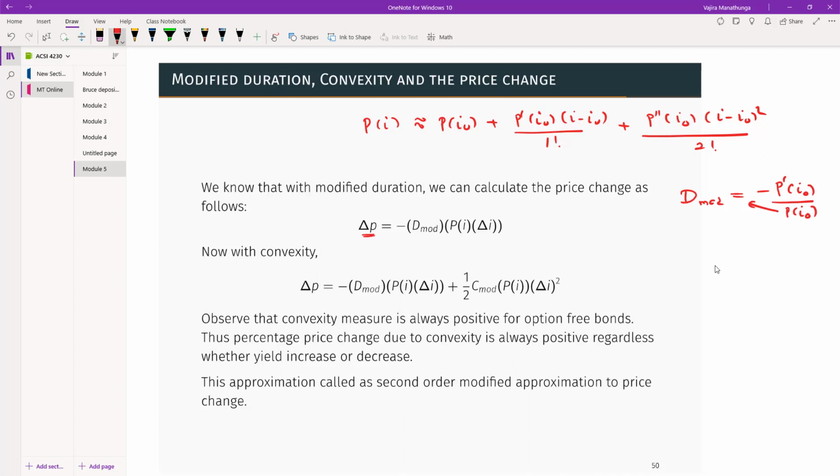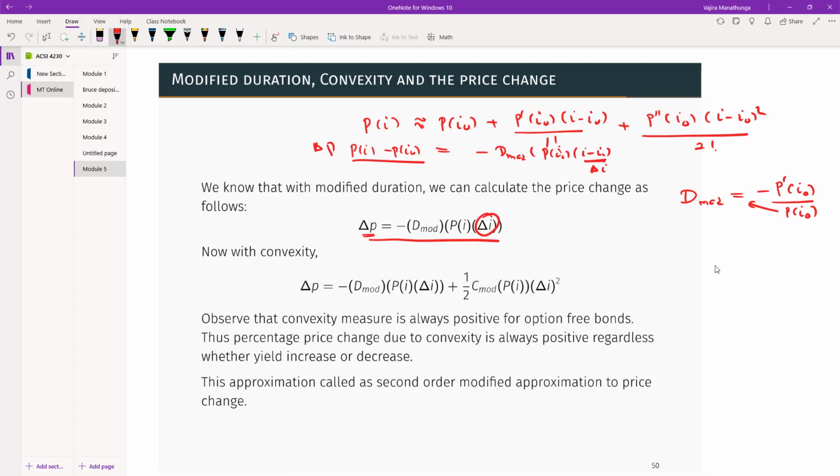You can see the price change delta P is going to be the modified duration times P(i naught) times (i minus i naught). So this would be the delta P, and this would be delta i.